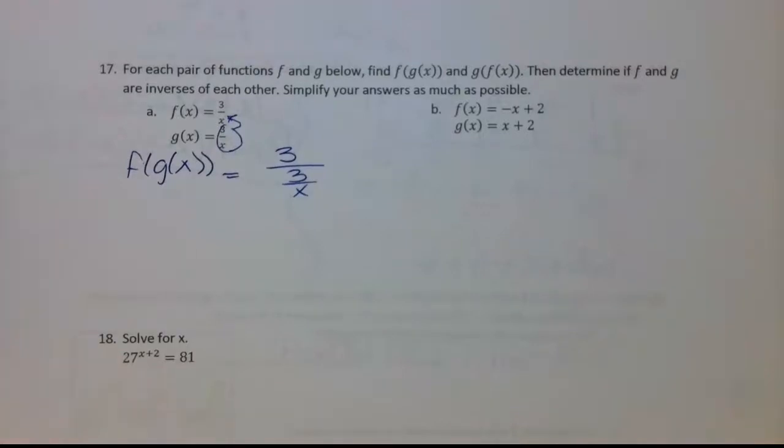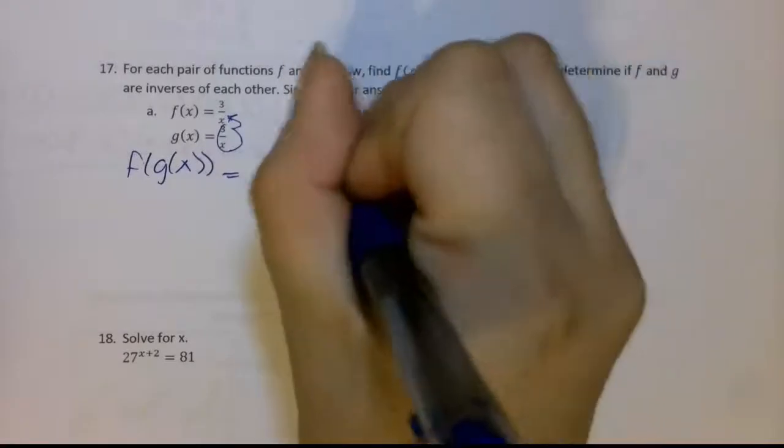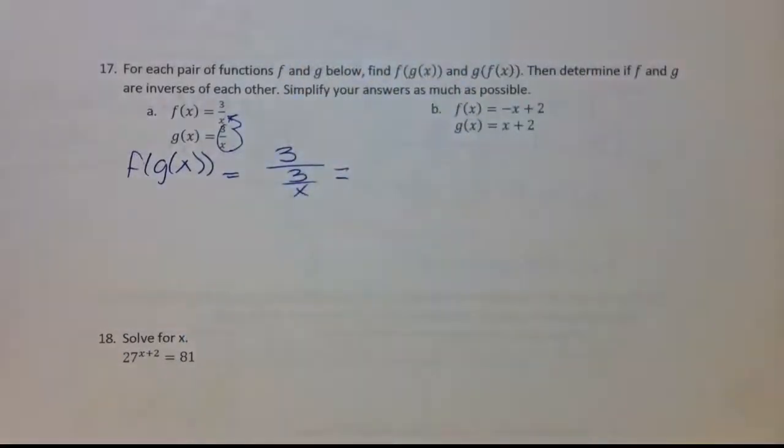Then what I can do is rewrite this. I have 3 divided by 3 over x. Sorry.